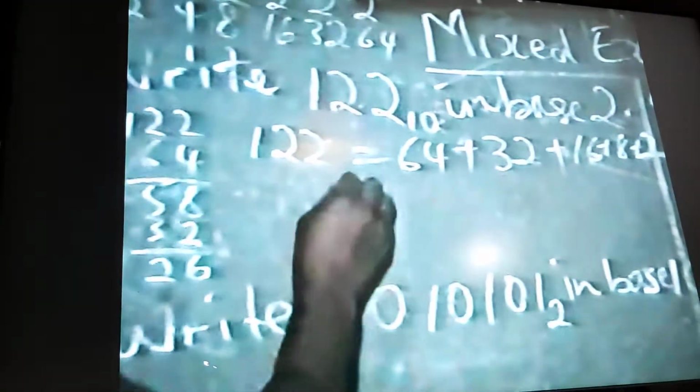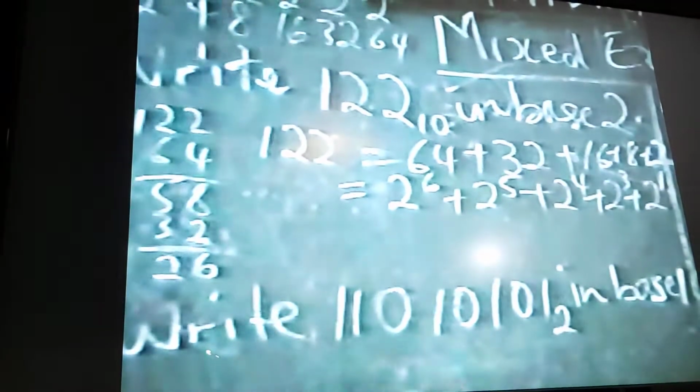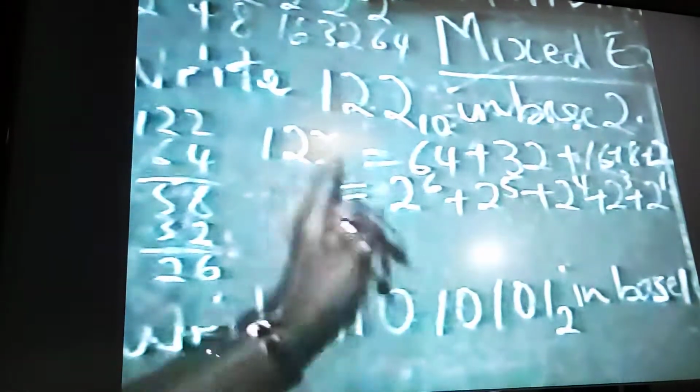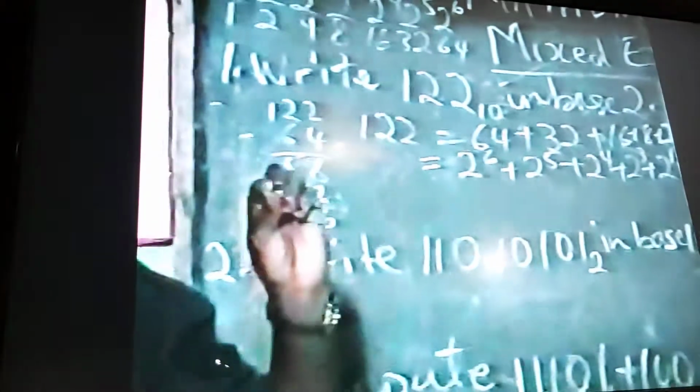And now, the implication of this is you have 2 raised to power 6, 2 raised to power 5, 2 raised to power 4, 2 raised to power 3, and finally 2 raised to power 1. What you have to do is you start from the highest power of 2 and write for every bundle you have 1. Every bundle missing, it's a 0.